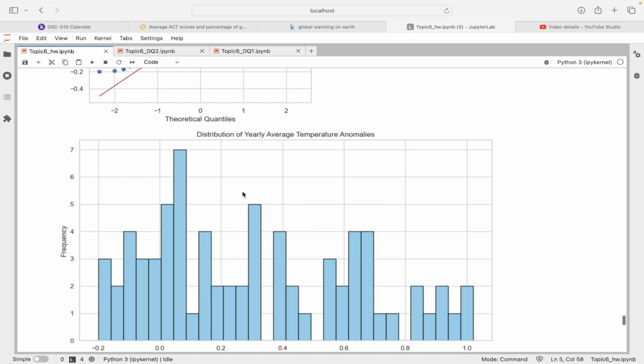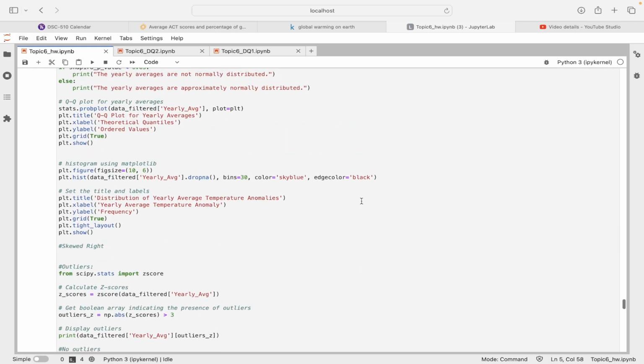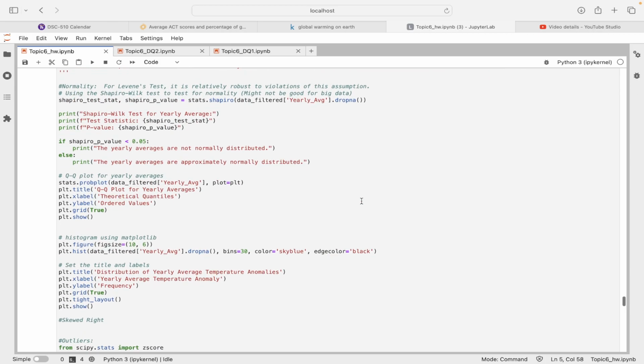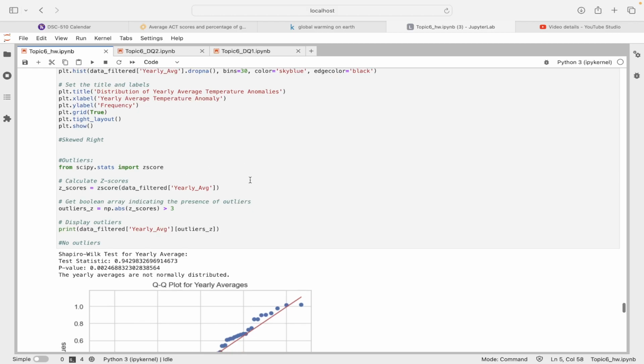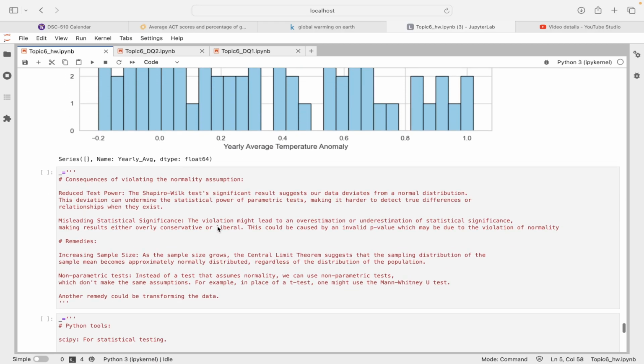You can see it's probably slightly skewed right. The Shapiro-Wilk test isn't the best for big data, and for this data set, we aren't using the largest selection, so it should be okay. After using the z-score method to assess outliers, we find that there are no outliers in this data.